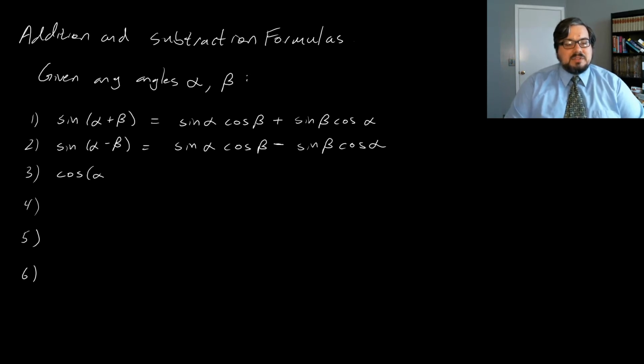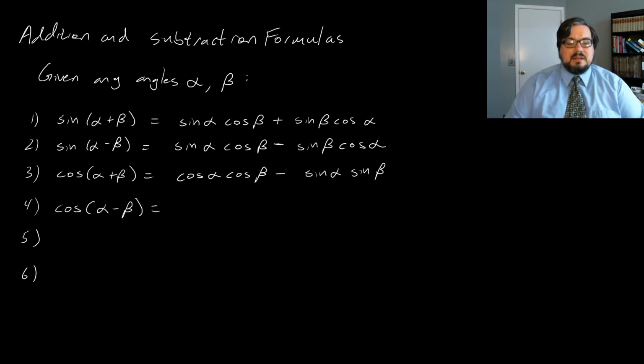Now let's look at cosine. Cosine of alpha plus beta is equal to cosine of alpha times cosine of beta minus sine of alpha sine of beta. Cosine of alpha minus beta is equal to cosine of alpha cosine of beta plus sine of alpha sine of beta.